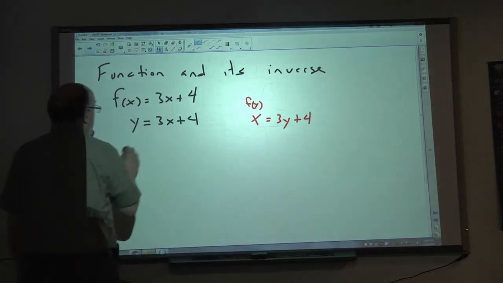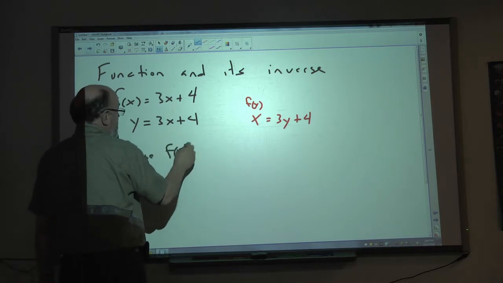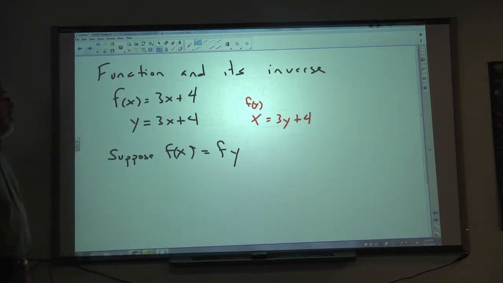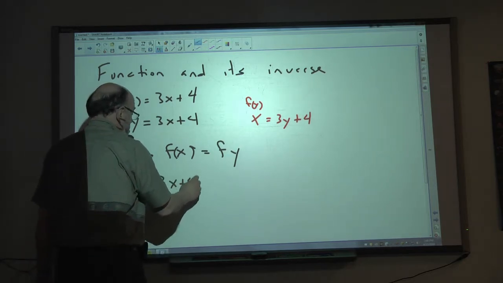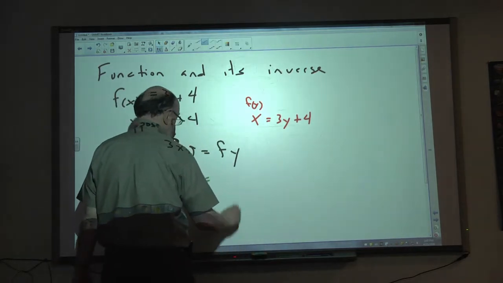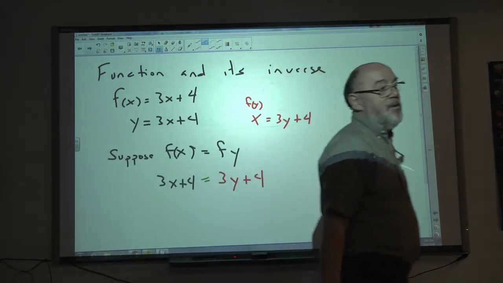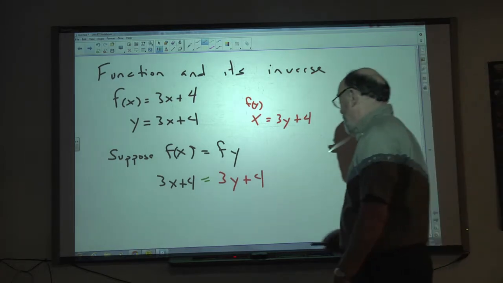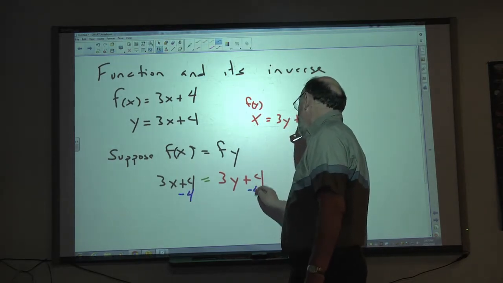So let's see, we're going to suppose that f of x is equal to f of y. Okay? So if f of x is equal to f of y, then that means that 3x plus 4 is going to equal 3y plus 4. Let's see, we're going to do a little math. So let's subtract 4.